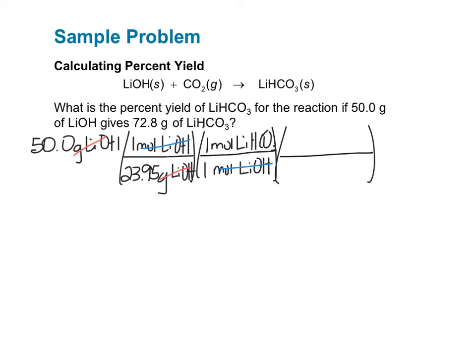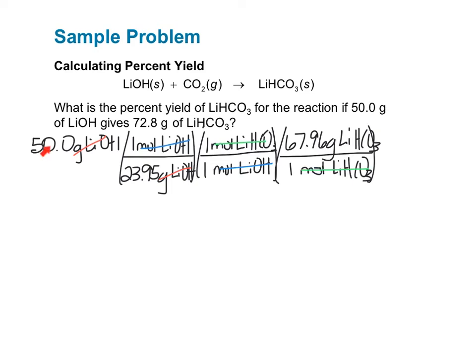Now I need the molar mass of lithium bicarbonate. 1 lithium, 1 hydrogen, 1 carbon, and 3 oxygens all add up to be 67.96 grams. And that's over 1 mole. Moles of lithium bicarbonate cancel.